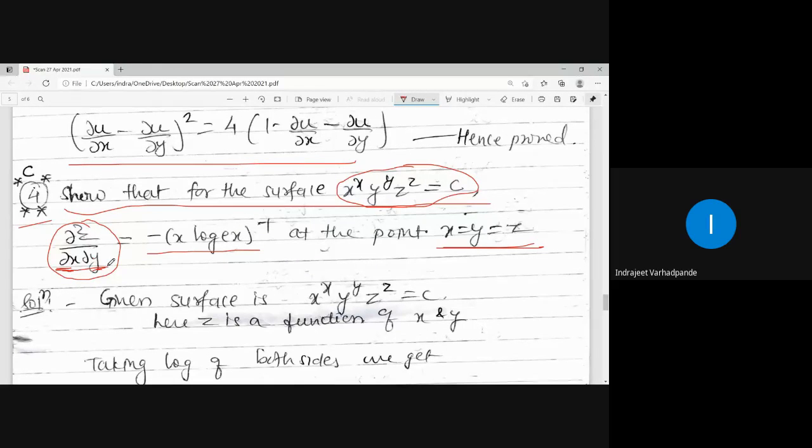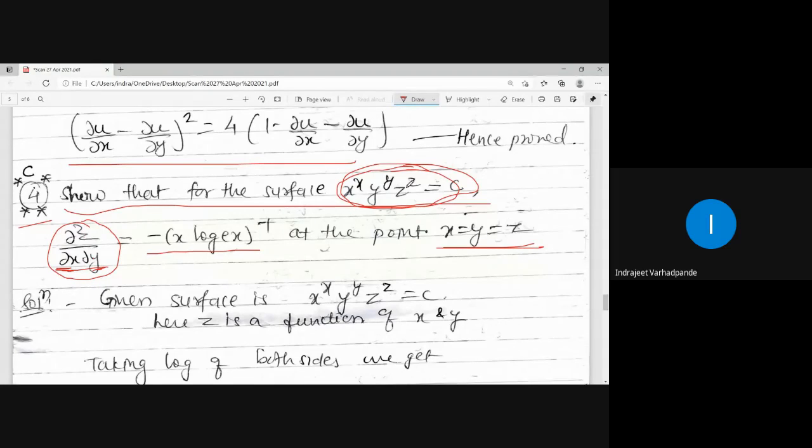Means from this given surface, I have to extract the value of z so that I can differentiate it partially with respect to x and y. Here x, y, z are implicit functions, associated with each other.